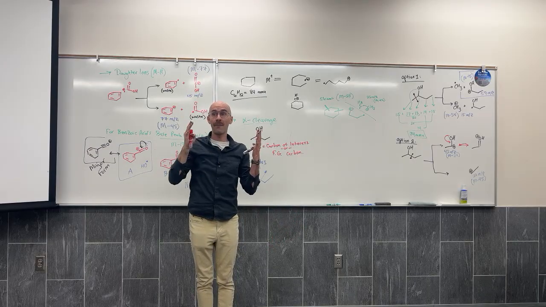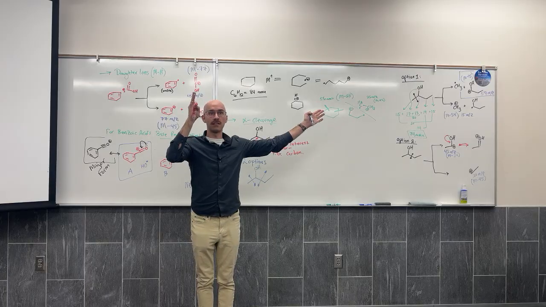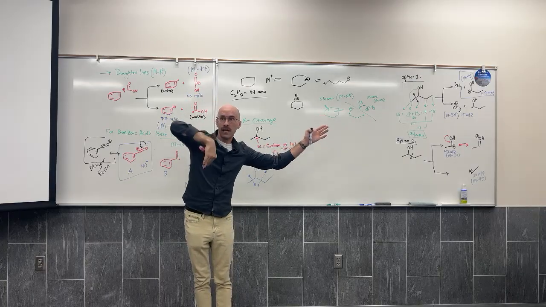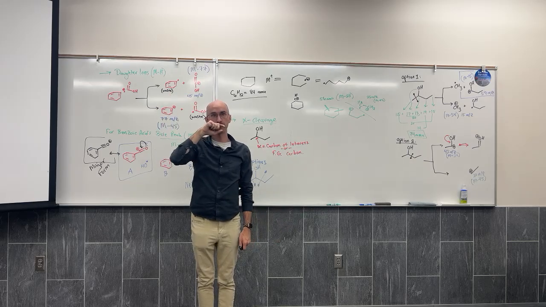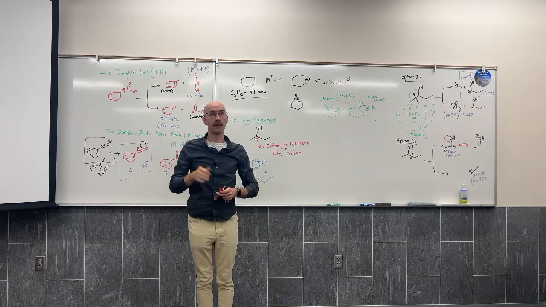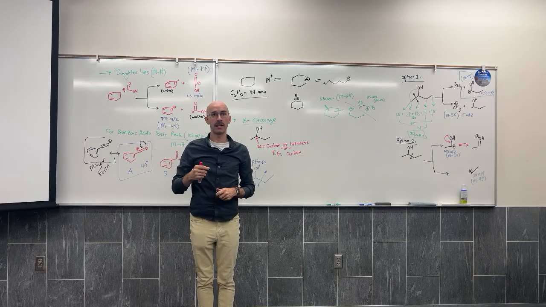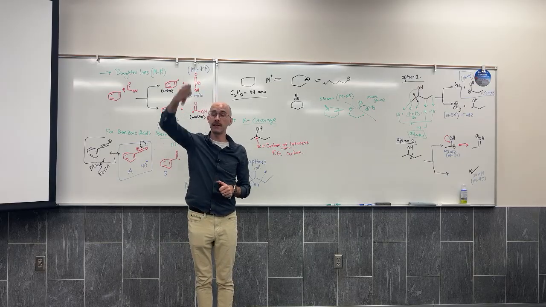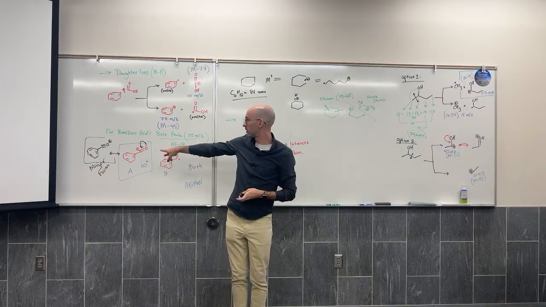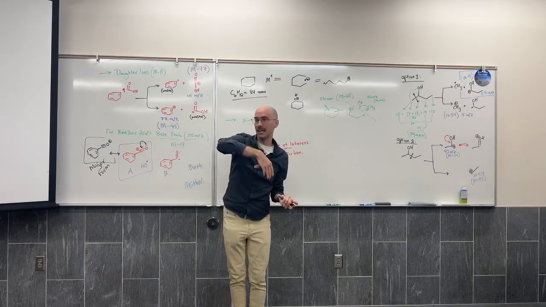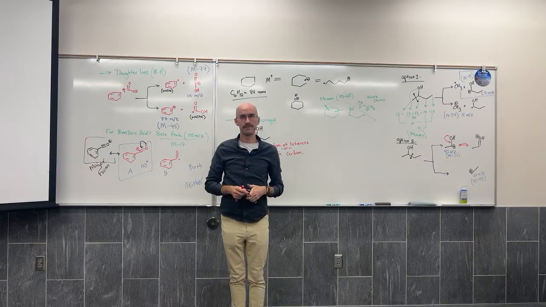So it happens very often that a group adjacent to the functional group is cleaved, and then the functional group resonance stabilizes. Alpha cleavage is very common. Alkyl halides cleave adjacent to the halide. Carbonyls cleave adjacent to the carbonyl, because then that positive charge can be supported by resonance.